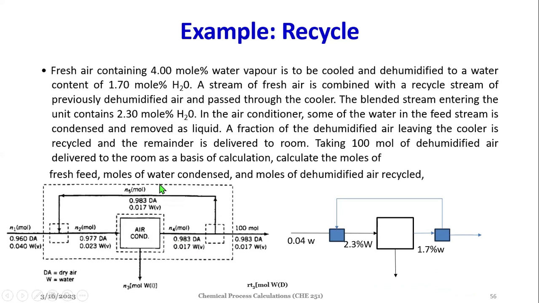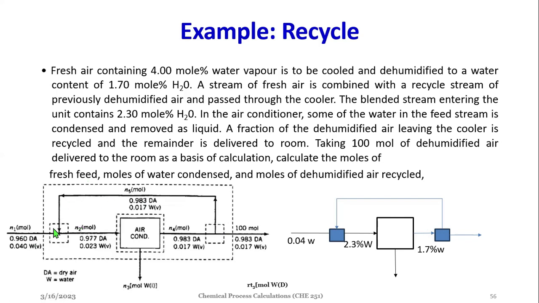And even the stream that we are recycling, because it was part of what we split, is also going to be 0.983, 0.017. So I can now send this back. And if I'm sending this back and joining it to the fresh air stream, then it means I'm going to do mixing at this point. Remember for mixing, we said that the compositions can change. So we need to find a new composition.